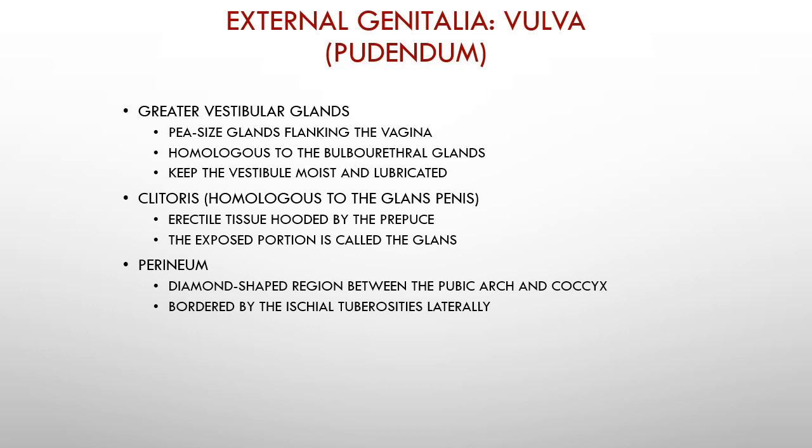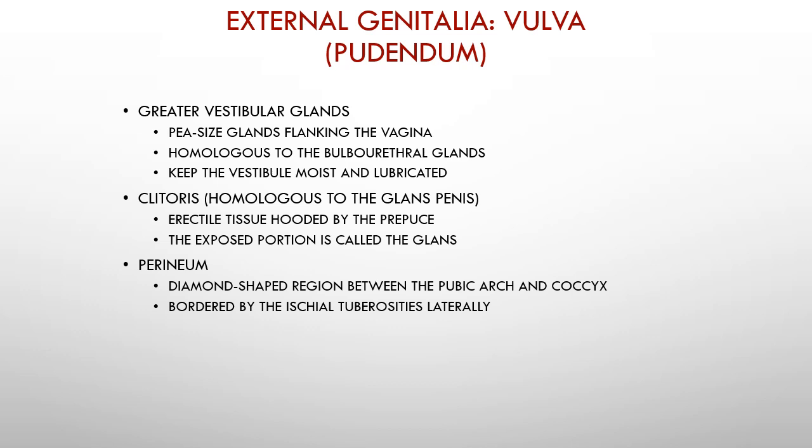Just superior to the urethra is the clitoris. So the glans clitoris, homologous again to the glans penis, is there. Very similar to the glans penis in terms of the structures inside, there is erectile tissue there as well. It is covered by a prepuce similar to that of the glans penis.